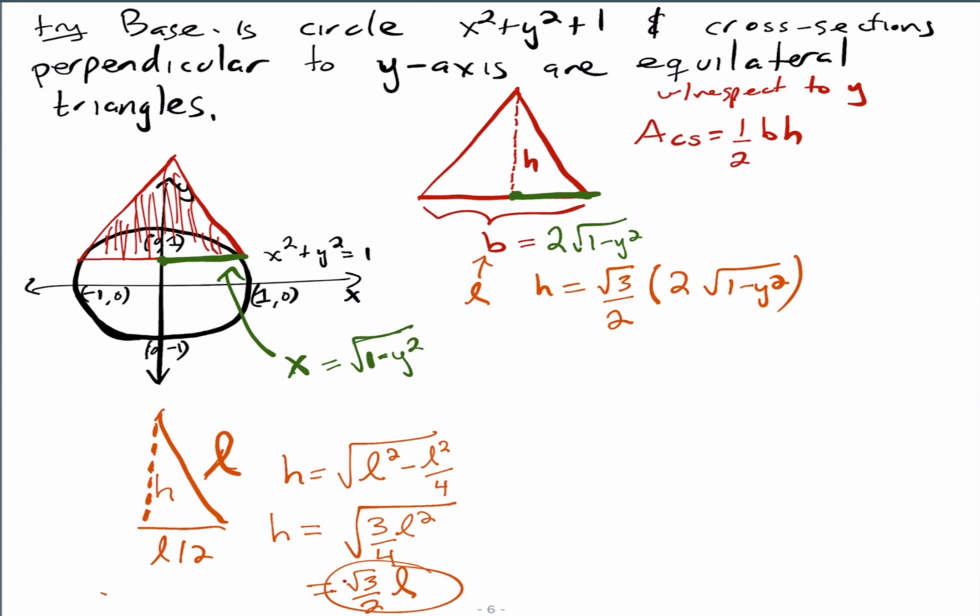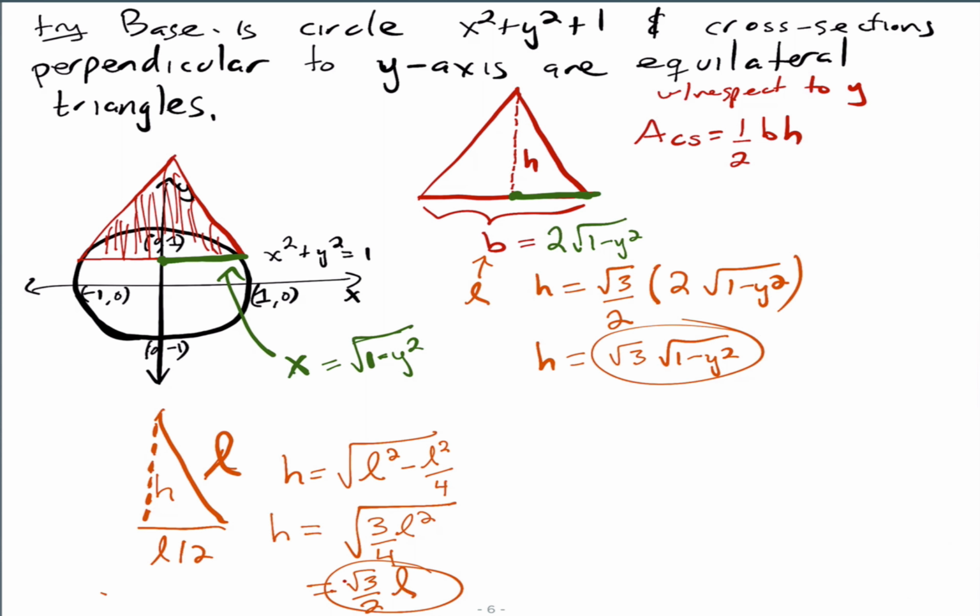Does that make sense? Okay. So then this is equal to root 3 times the square root of 1 minus y squared. So that's H. Does that make sense?